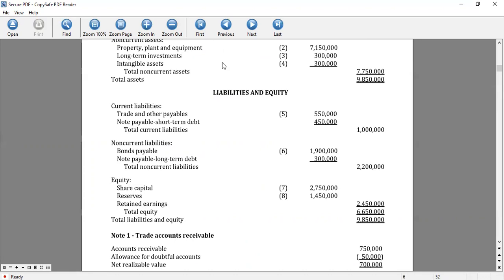That's the amount of the share capital and the reserves. So we have the difference of 2,450,000 being the amount for the retained earnings. So, retained earnings added, we now get total equity of 9,850,000 for the total liabilities and equity.